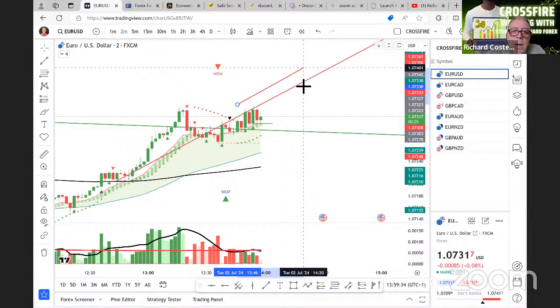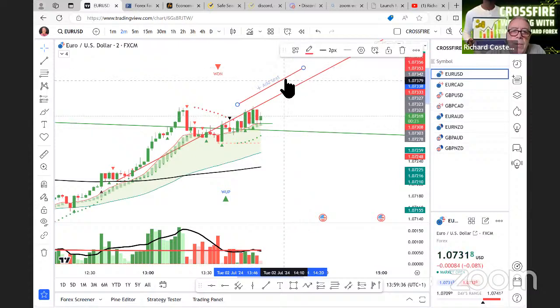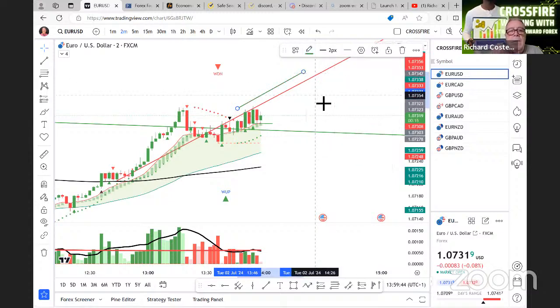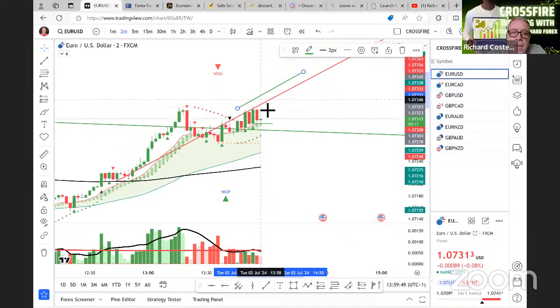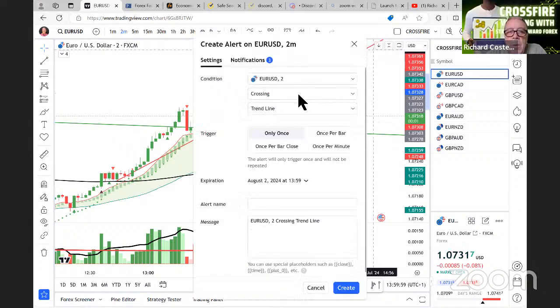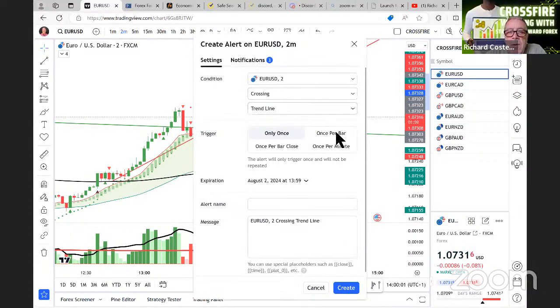I'm trying to get that sort of parallel and just drag it down a bit. I'm going to make that green because I'm thinking about getting in for a buy, but I want price to get above that red trend line. So I can put an alert on that green trend line that I've just drawn, and I can ask it to let me know when price crosses that trend line once per bar.